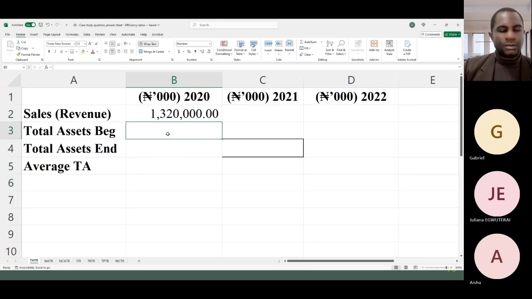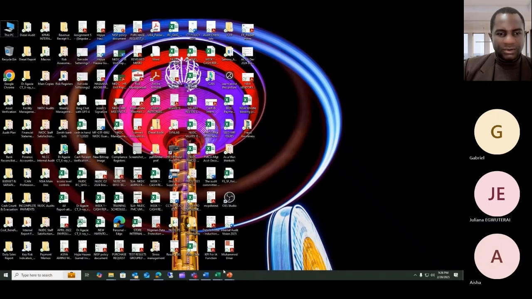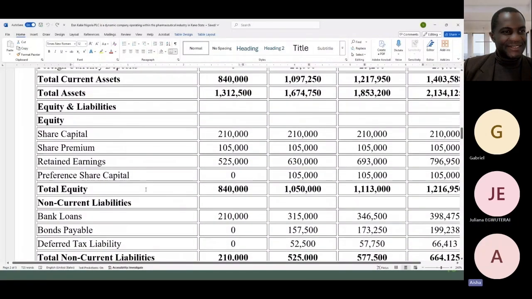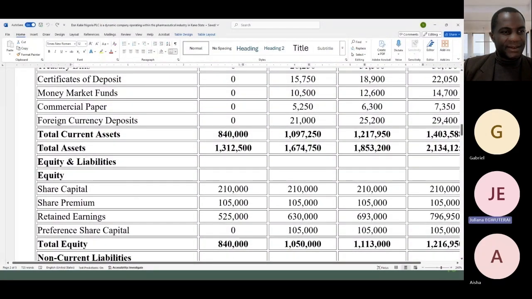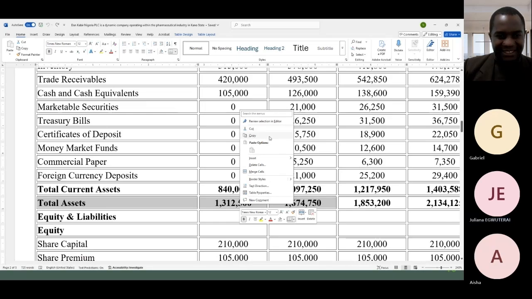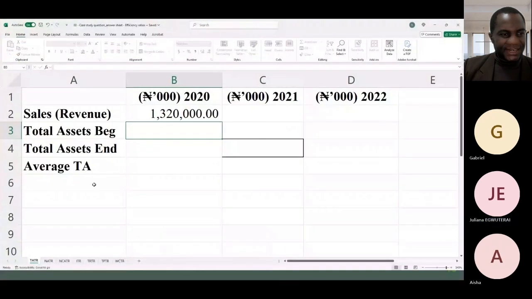Okay, so let me get my beginning and ending. You guys are very fast and I love that. I was speaking and asking you to do it when I had not even done it myself. Let me have my beginning total assets and ending. Let me quickly do it so that I can take your figure.